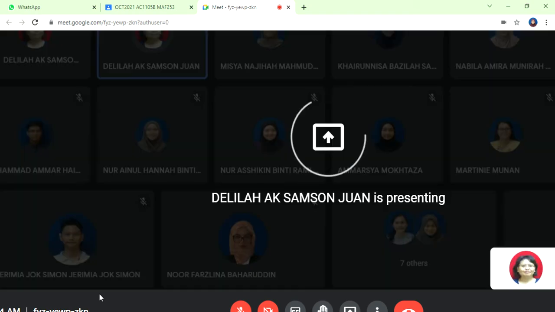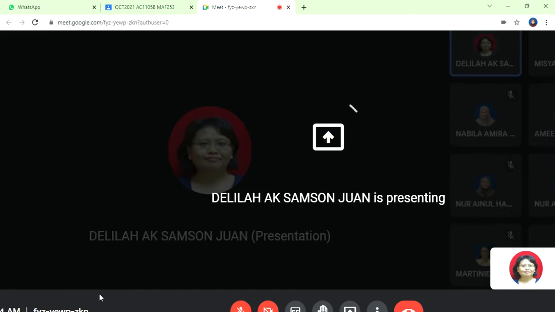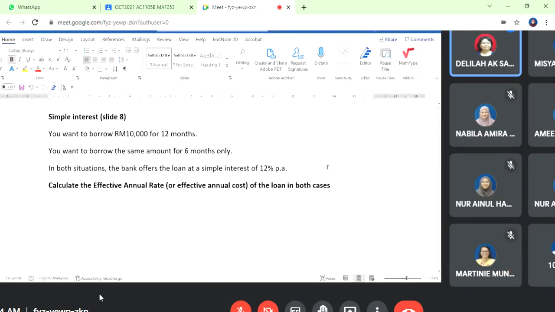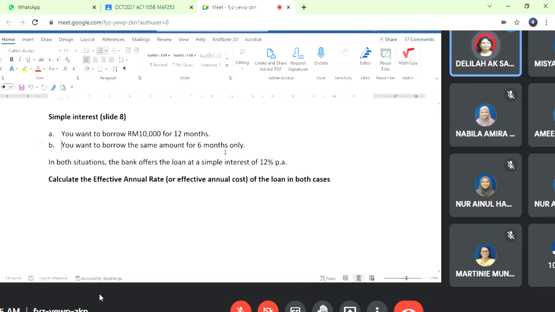You want to borrow 10,000 ringgit for 12 months. This is the first one. And then we're going to do the calculation where we have the borrowing for 6 months only. The simple interest rate is 12%.